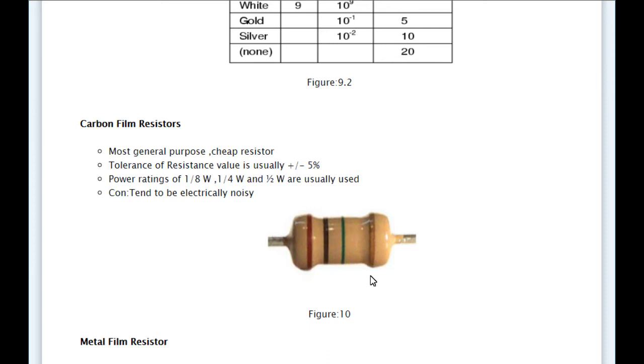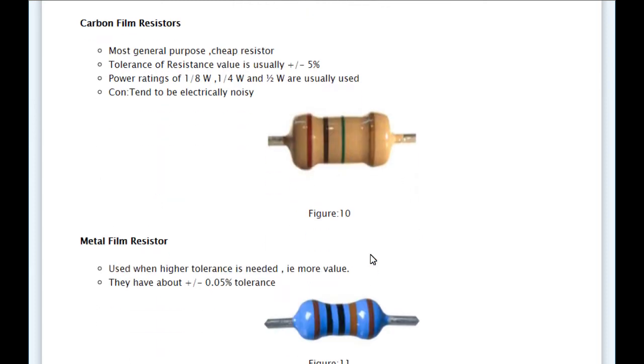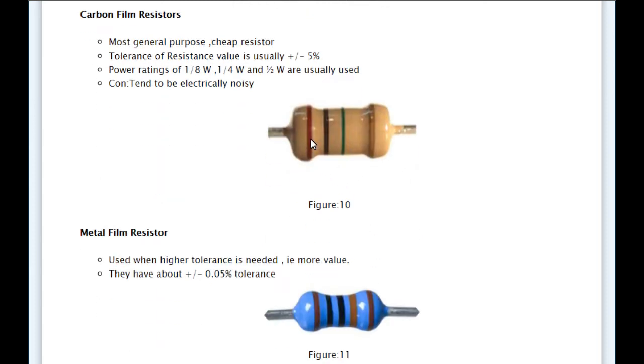This is the actual picture of your resistor. It has brown, black and green. So your first initial digits will be 1 and 0, brown for 1, black for 0, so 10, and the multiplier band is green, so it will be taken as 10 to the power 5.